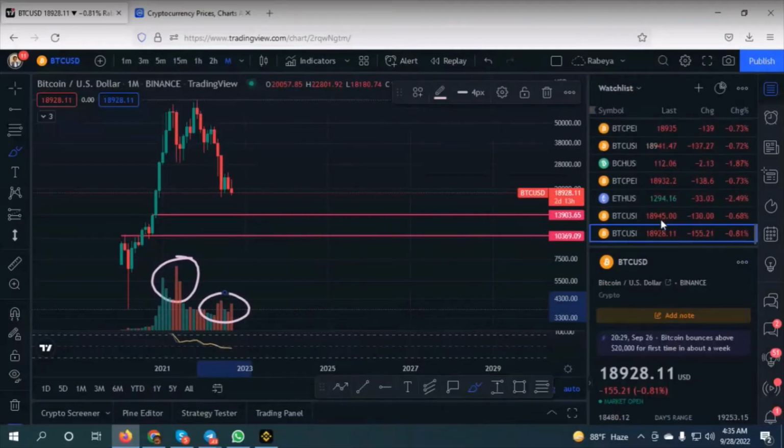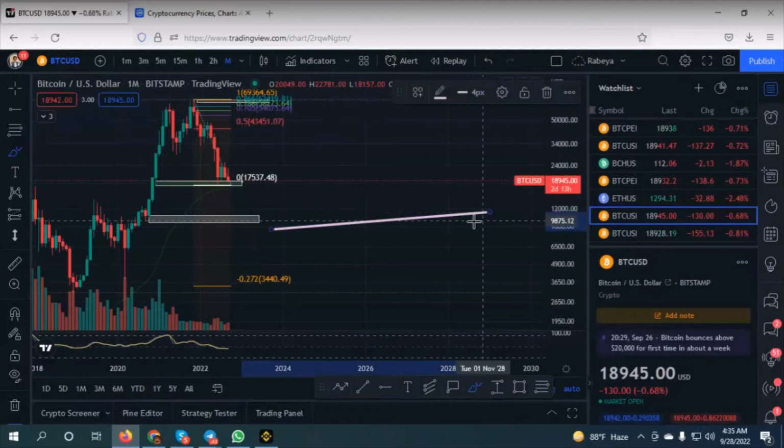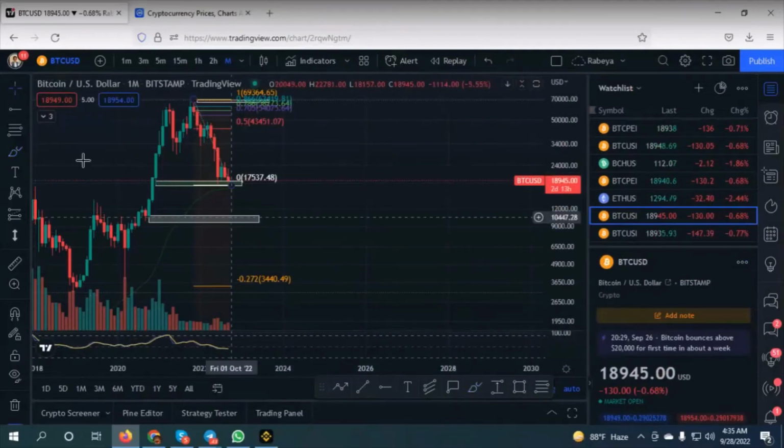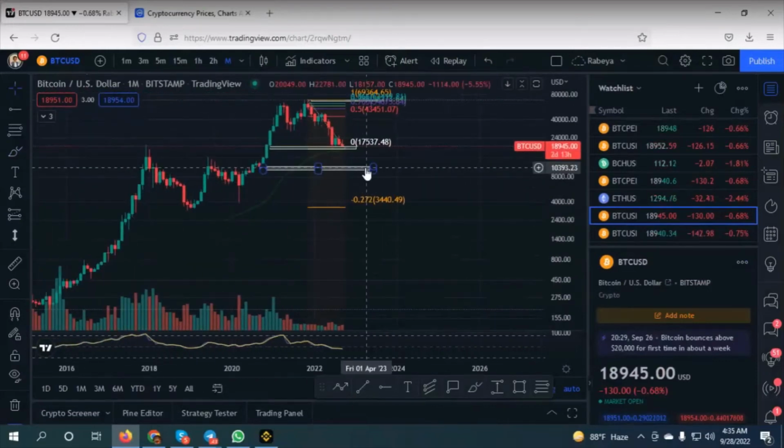I think you can also know what I want to say to you. This is our zone, our last zone, the nearest. I want to see this market at $10,000 very soon.